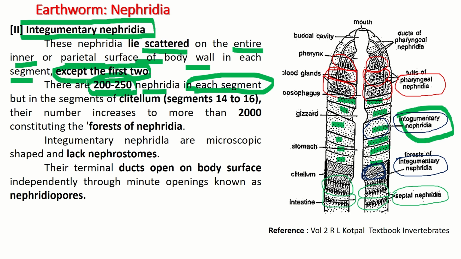But in the segments of the clitellum, which is found in segments 14 to 16, their number increases to more than 2000, forming a forest of nephridia.